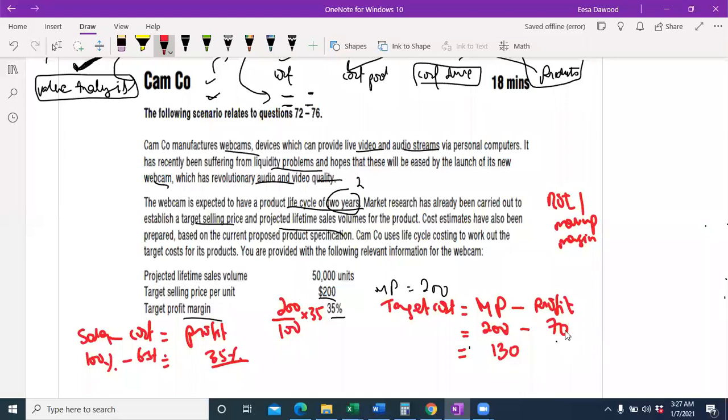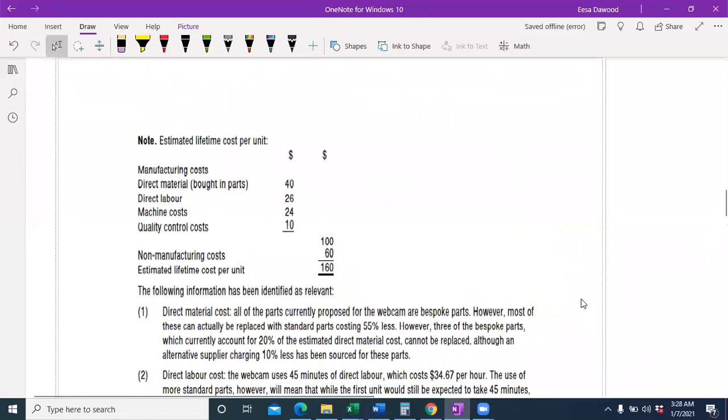Otherwise, if I am not able to produce it at a target cost of 130 per unit, I may be shrinking my margin. So if I don't want to compromise my profits, and I can't increase my market price, I want to make it at a target cost of 130. So the answer is, target cost is 130.